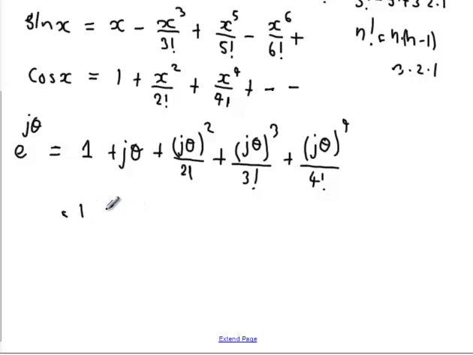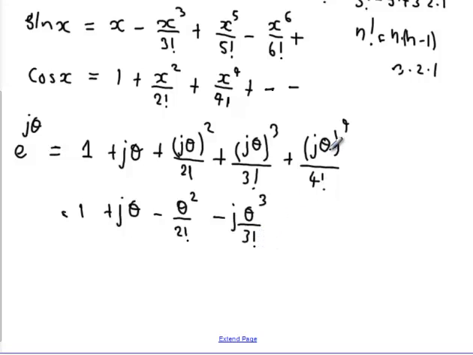1 plus theta j minus theta squared over 2 factorial. However, minus, no. Am I right here? Okay, here I'm going to have j and j squared. J squared is going to give minus. So I'm going to have minus j theta cubed over 3 factorial.